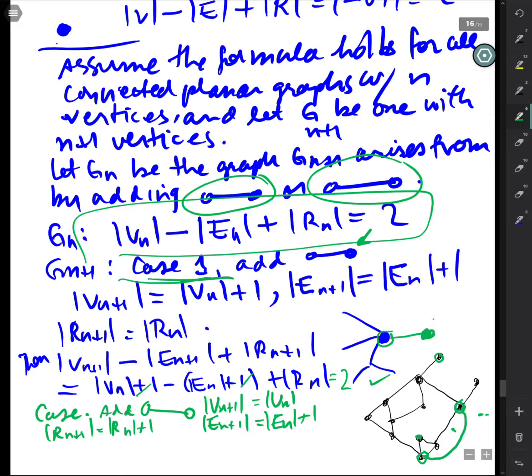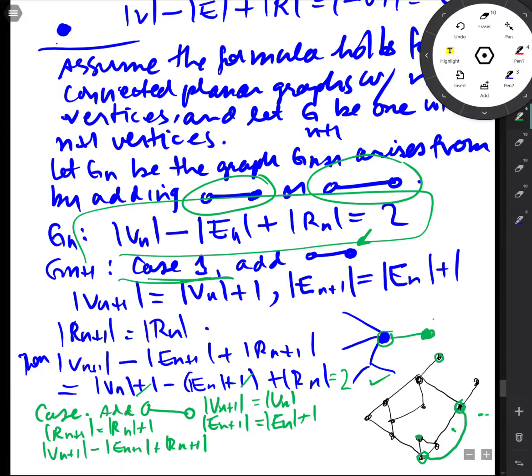So if we form the expression of number of vertices minus number of edges plus number of regions, notice that we have this same plus 1 in one case. That's where we're subtracting a 1, and we have the plus 1 in this case where we'll be adding it.